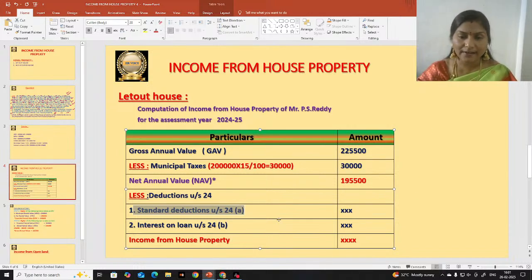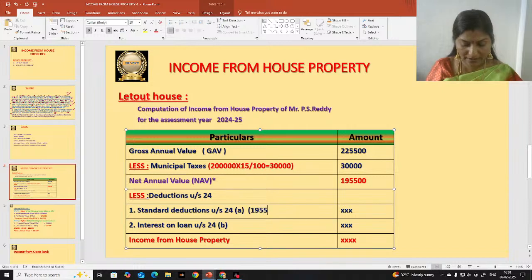Let us calculate now. We can calculate here itself. Okay, what is NAV? 1,95,500 into 30 divided by 100. So how much will we get? You can calculate it. So we are getting 58,650.